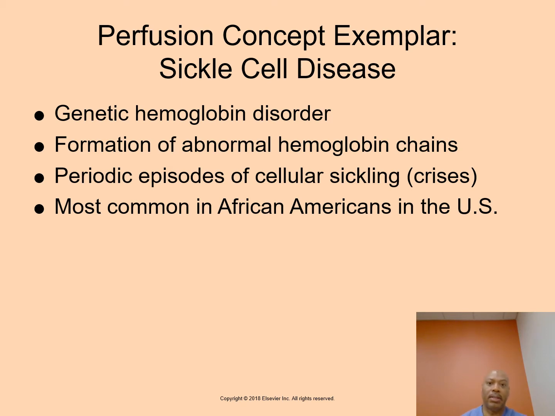Red blood cells are not supposed to stick together. They're supposed to move freely throughout the vascular system. But in this case, because they're sticky and clump together, they can cause an occlusion, particularly occlusions to different organs.